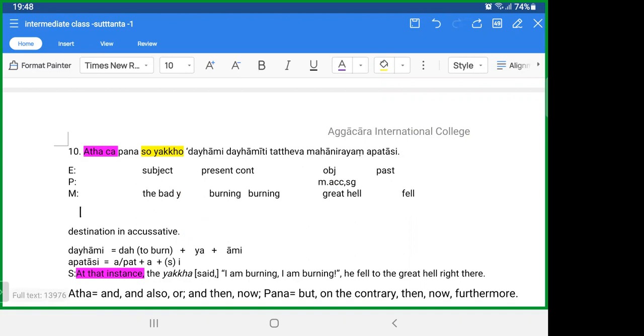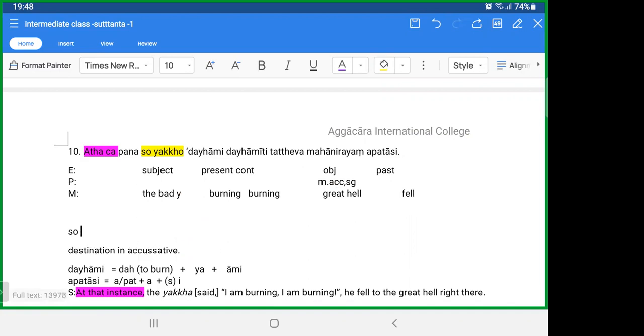Sometimes we have the word so puriso or so bhagava. This so has a few meanings, like emphasis. We are not talking about any other yaka except that yaka, the bad one. If we take out the word so and say atha kho pana yako, we don't know which yaka.